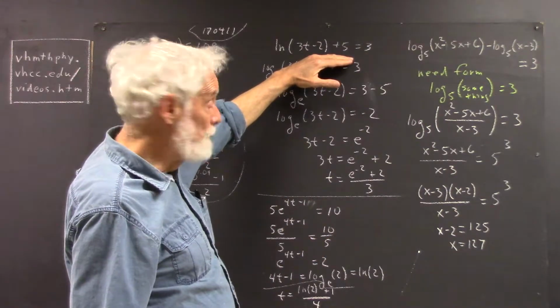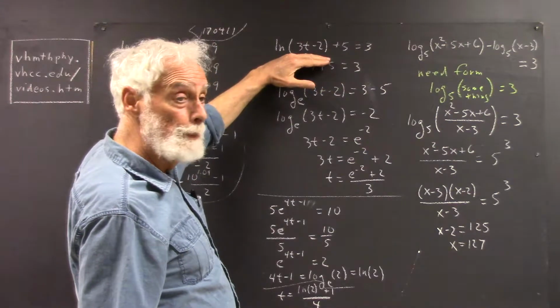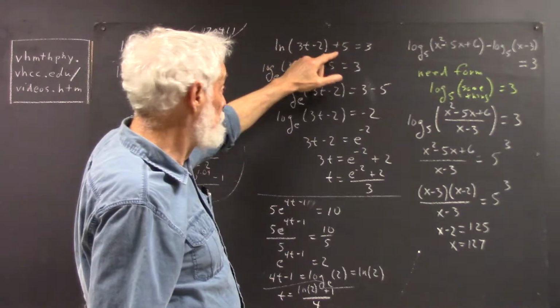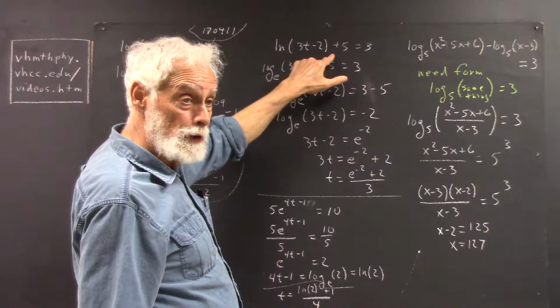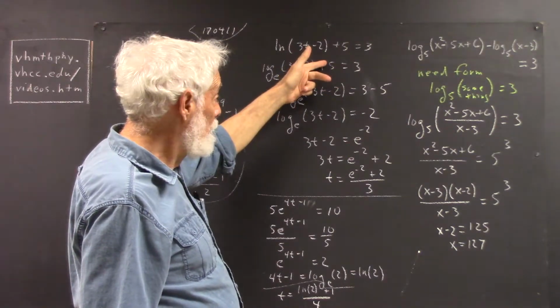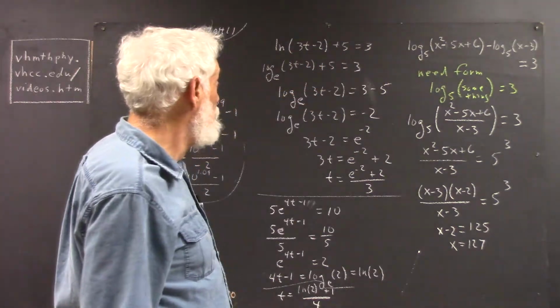So how are we going to manage that? Well, how do we get natural log of 3t minus 2 on one side of this equation? Well, if we subtract 5, then we're just going to have natural log of 3t minus 2 here, right? Okay? Now, of course, we can't subtract 5 from this side unless we do it to this side as well.